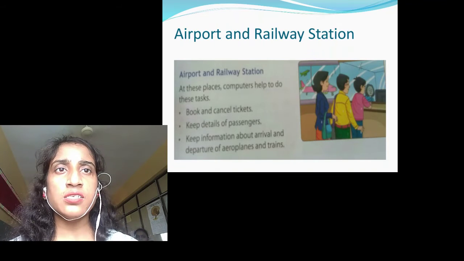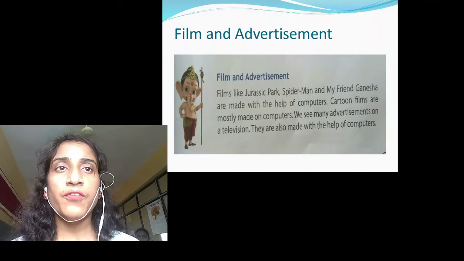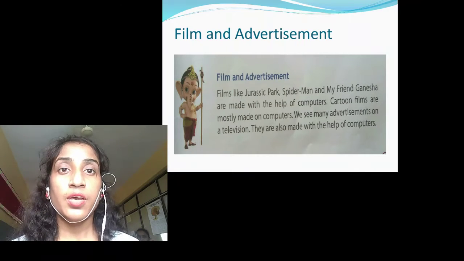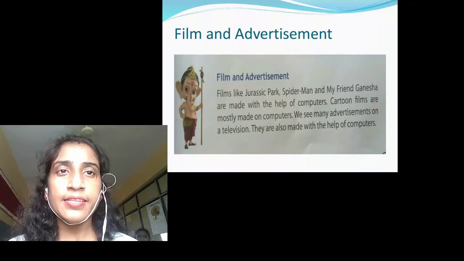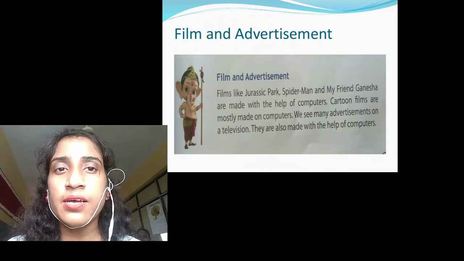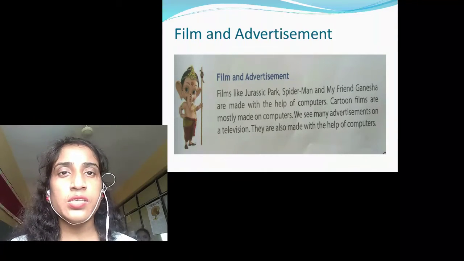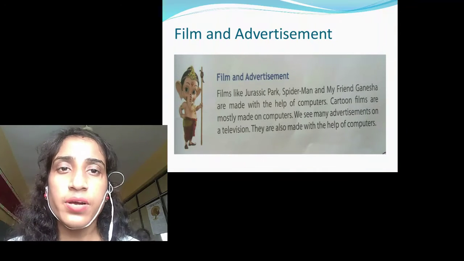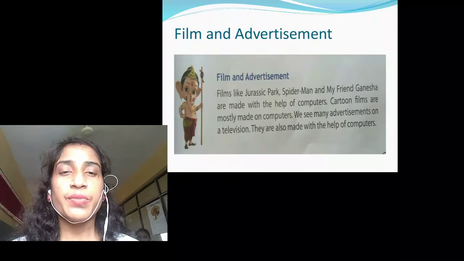Now the next place is film and advertisement. You all watch films and advertisements. You watch cartoons, and these cartoons are made with the help of computers.